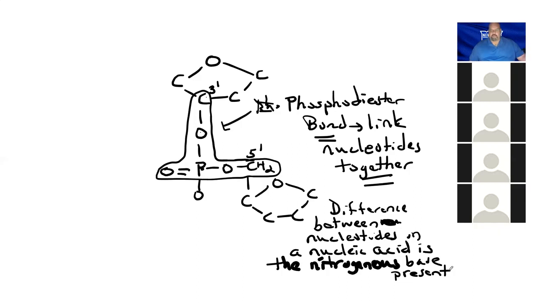Phosphate is always the same. What's the only variable from one nucleotide to the next? The only variable is the nitrogenous base, because there are 4 different ones. If we're talking about DNA, there's cytosine, guanine, thymine, and adenine. That's the variable. As you go from one nucleotide in a nucleic acid to the other, the variable is the nitrogenous base that's present. So keep that in mind as well.